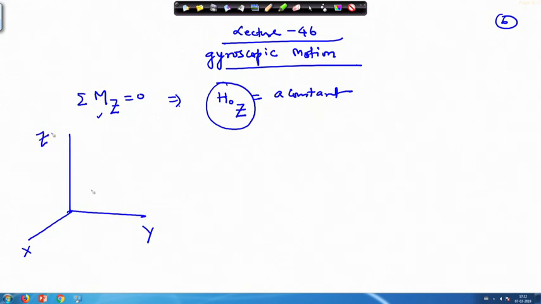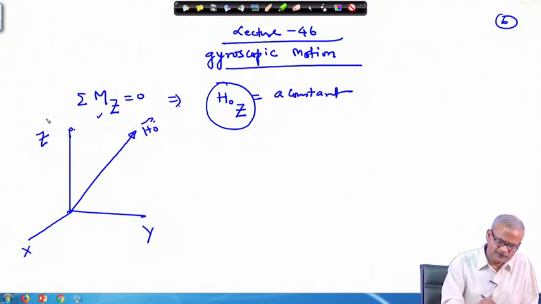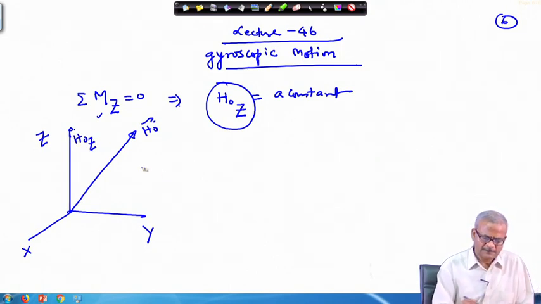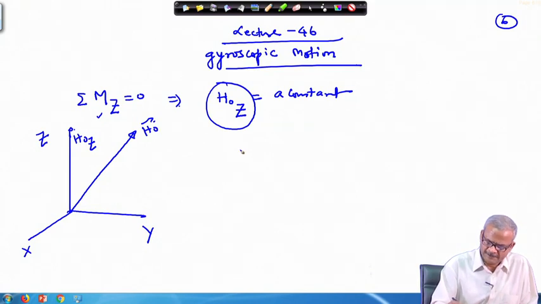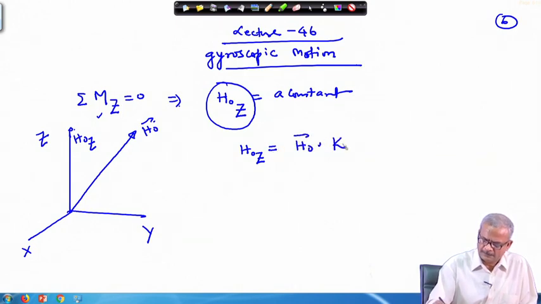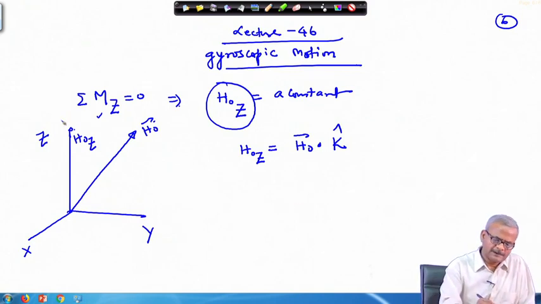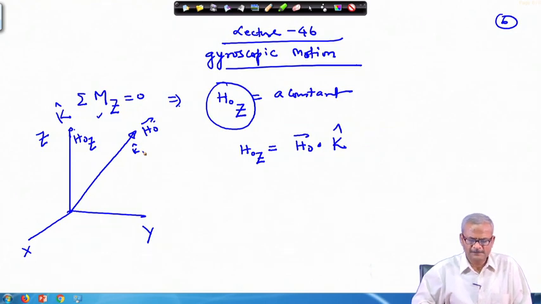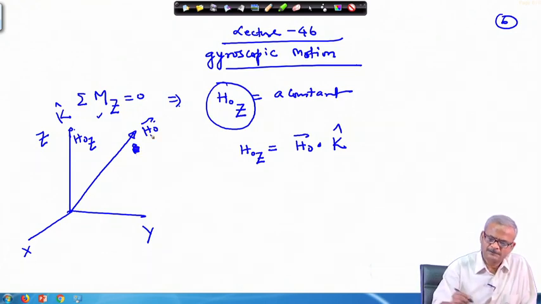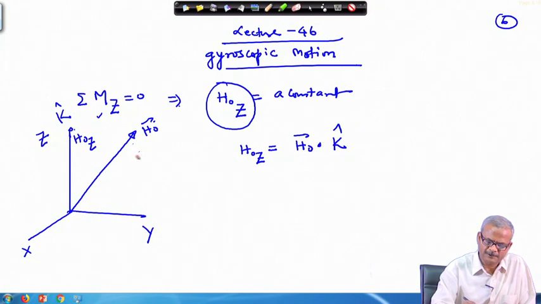Say somewhere your H 0 is directed along this line, and you are looking for this component, H 0 capital Z. This can be written with capital K, the unit vector along this direction, and small k cap, the unit vector along the small z direction, the z body direction.